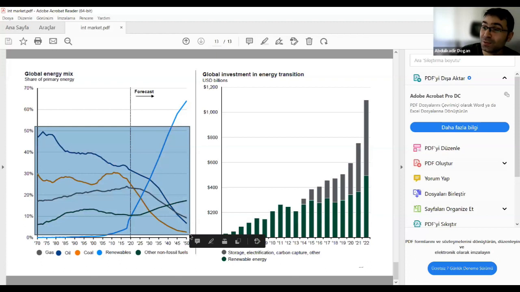We are transforming our economies and our world toward the renewable energy market, because the renewable energy market doesn't have a shortage. They don't have inventories. We shouldn't dig the soil.